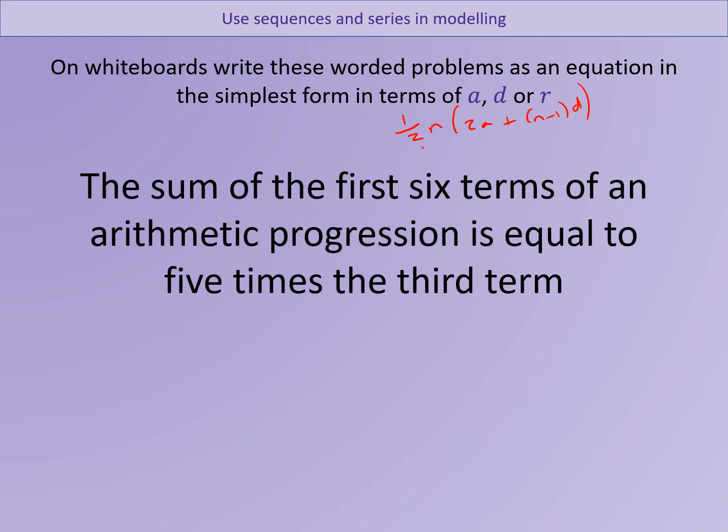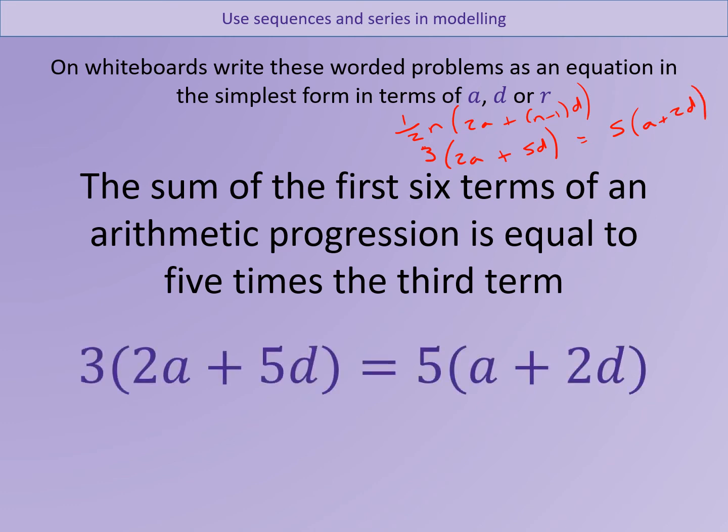So half of 6 is 3, 2a plus 5d. 5 times the 3rd term, well, the 3rd term is a plus 2d. So we have this equation here. This can then be multiplied out and simplified to give us a simpler version, a equals minus 5d.